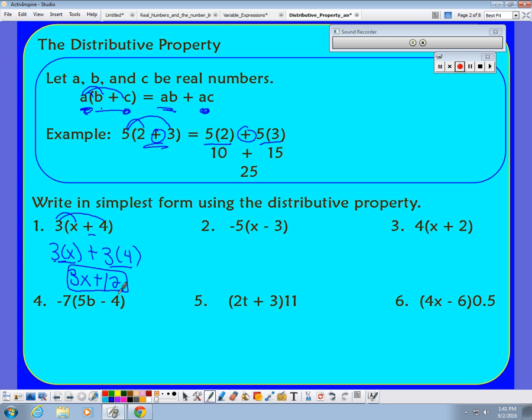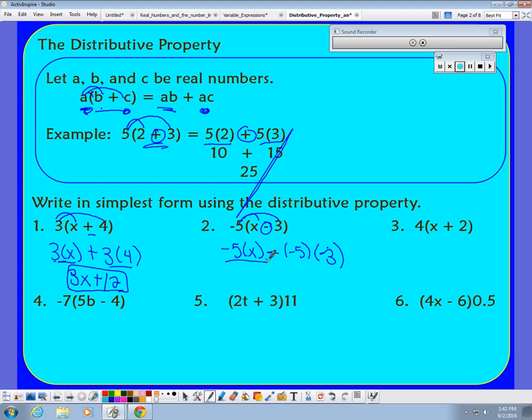In example 2, we have negative 5 times x minus, because of the minus here, negative 5 times positive 3.